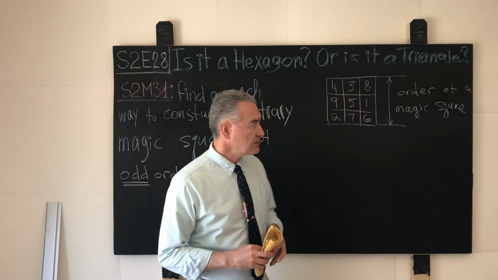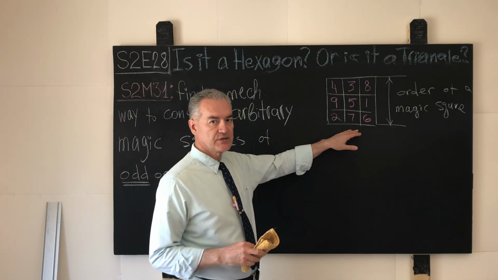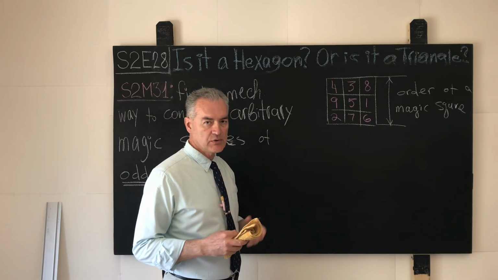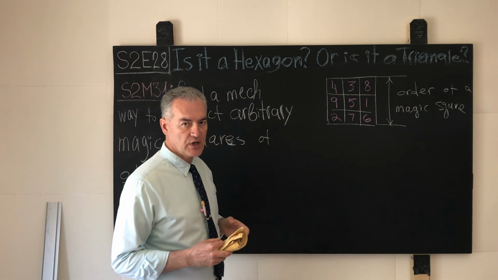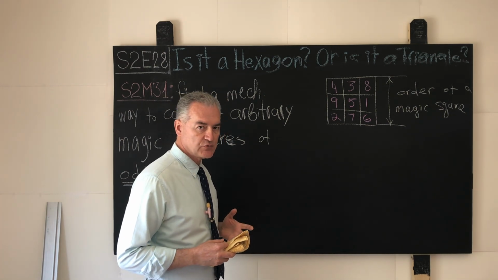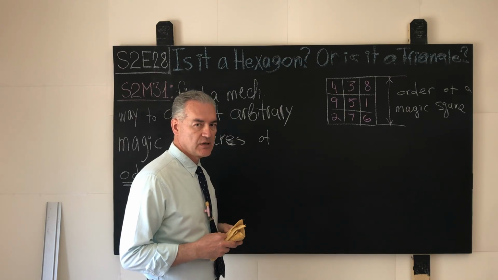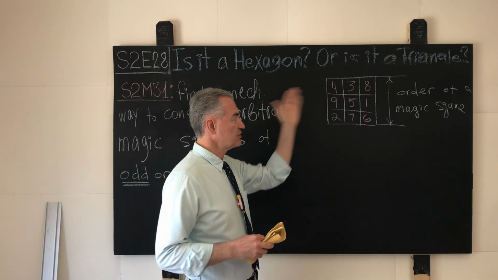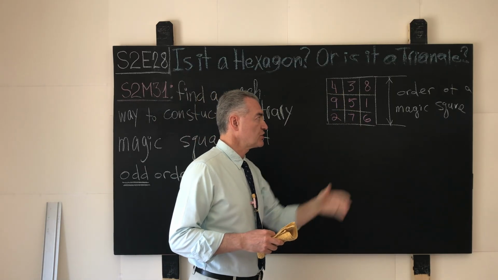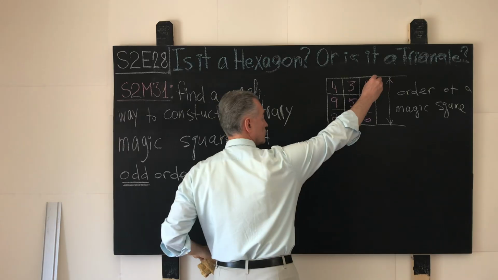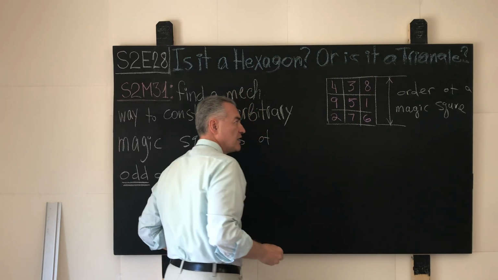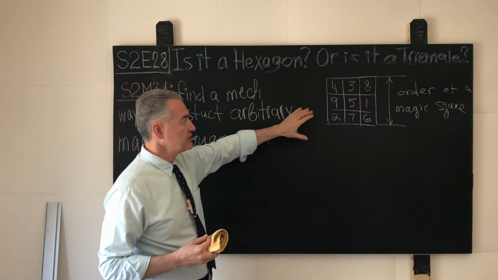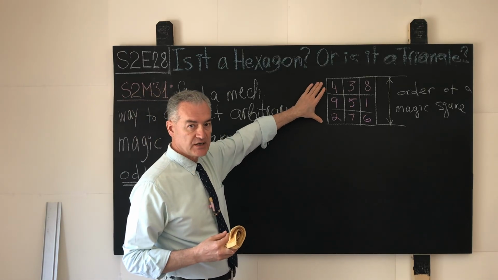As a reminder, a magic square is basically an n by n square table that is filled with numbers in such a way that these numbers sum to one and the same number along all columns, along all the rows, and along the two diagonals of the square. And by definition, the order of a magic square is basically the size of its side.